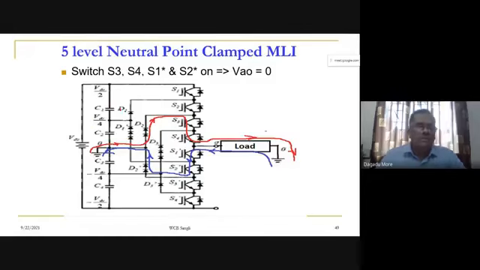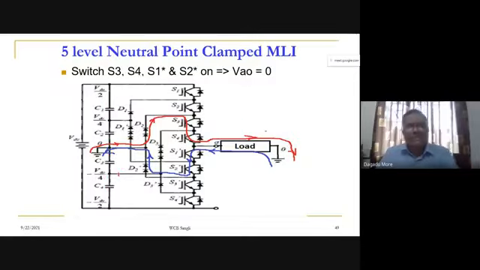Under normal operating conditions, the balancing technique we discussed, the multiple carrier sinusoidal PWM technique, is not able to balance the voltage across these 4 capacitors.